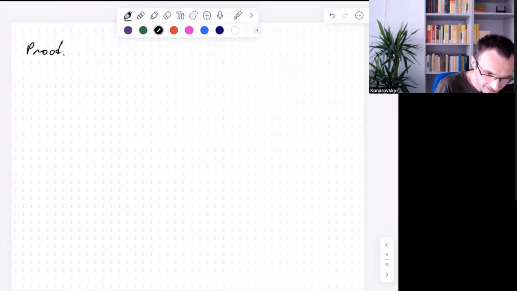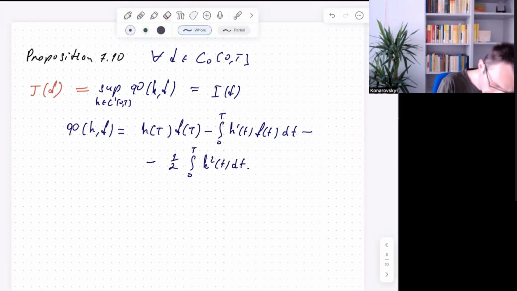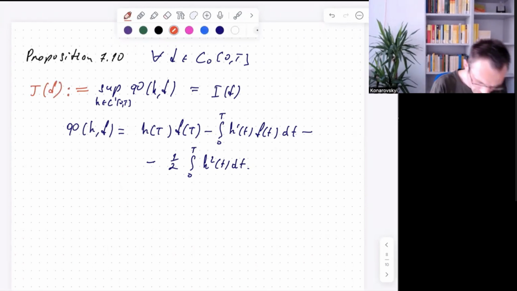To prove it, it is simpler to make some notation: to avoid writing the supremum every time, denote it by j of f. Then our goal will be to show that j of f is equal to I of f.